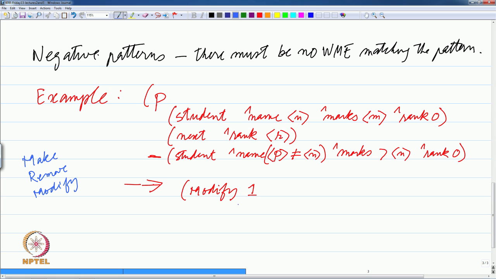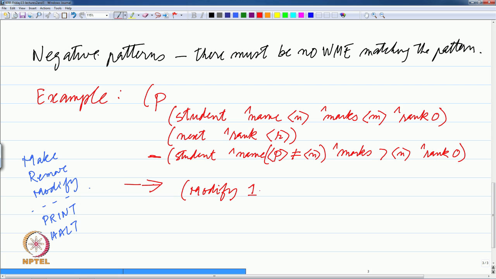So, that 1 is the index of the pattern in the order in which they have been written essentially. Apart from this, of course, you can have other actions which are not of interest to us right now. You could have something like print, or halt, or read for example. But those are not of too much interest to us right now. Right now we are talking about this.